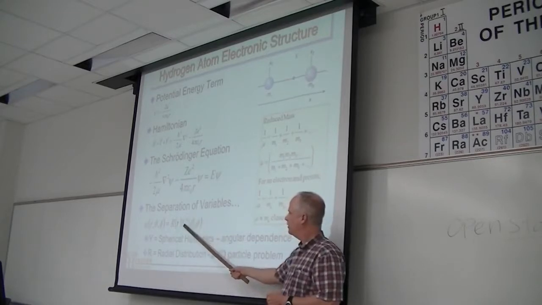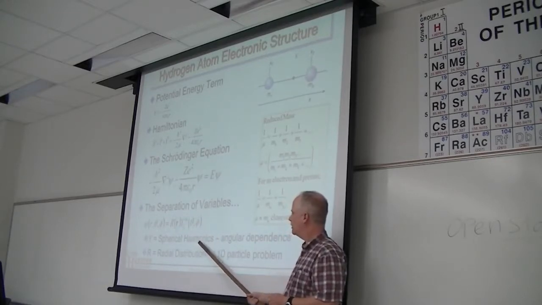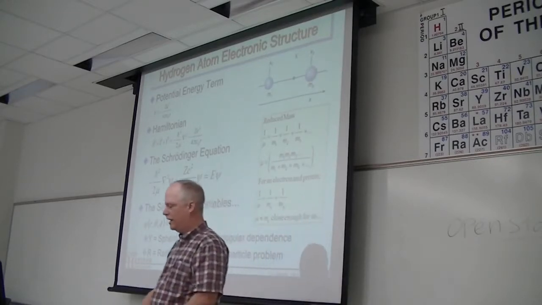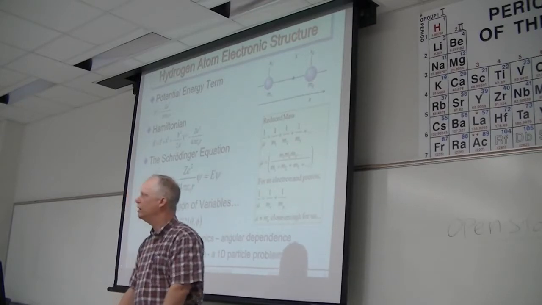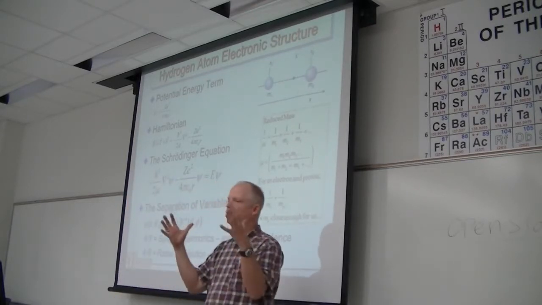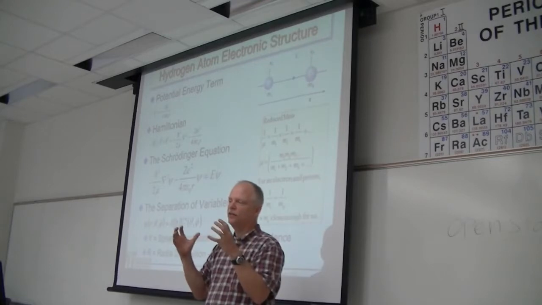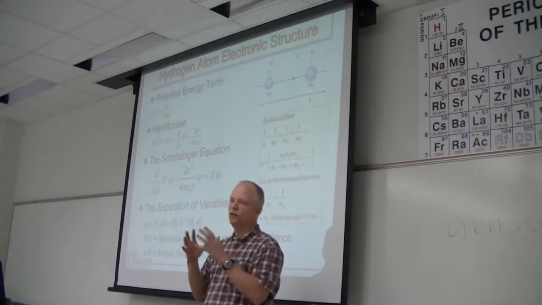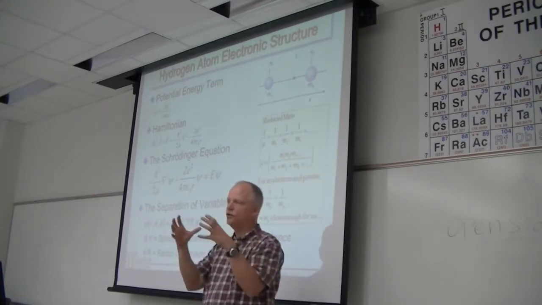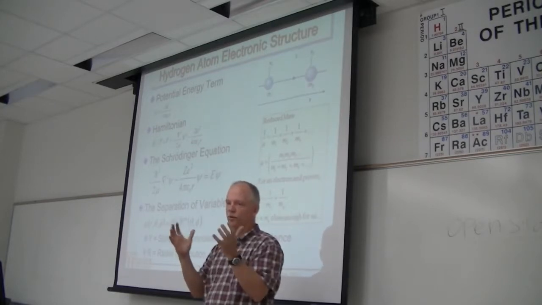This Y function is called the spherical harmonics. Now that name is descriptive. Think about what that name means. It's spherical, that's clear. And it's actually the harmonics of a spherical shell. If you take a spherical shell and bang it with a hammer, it's going to vibrate.